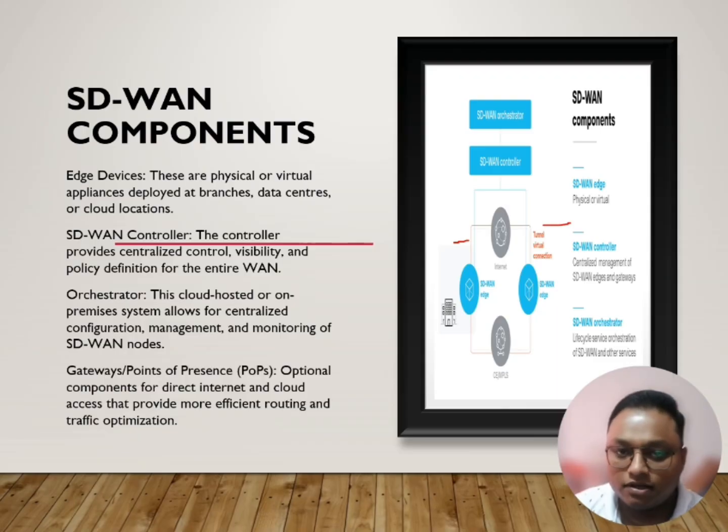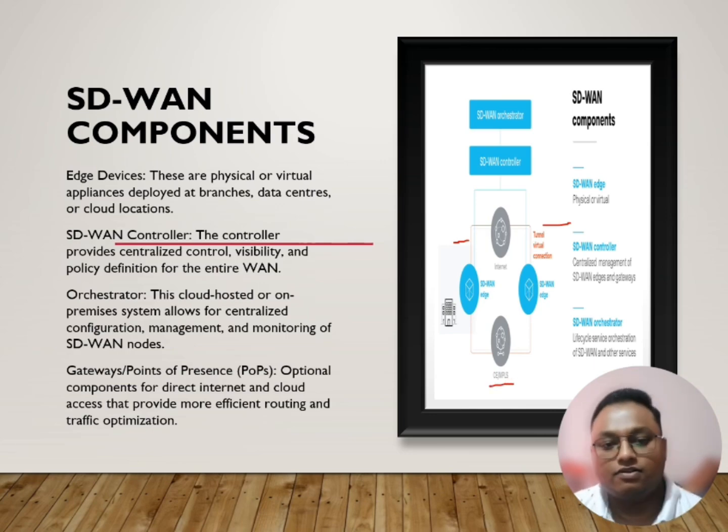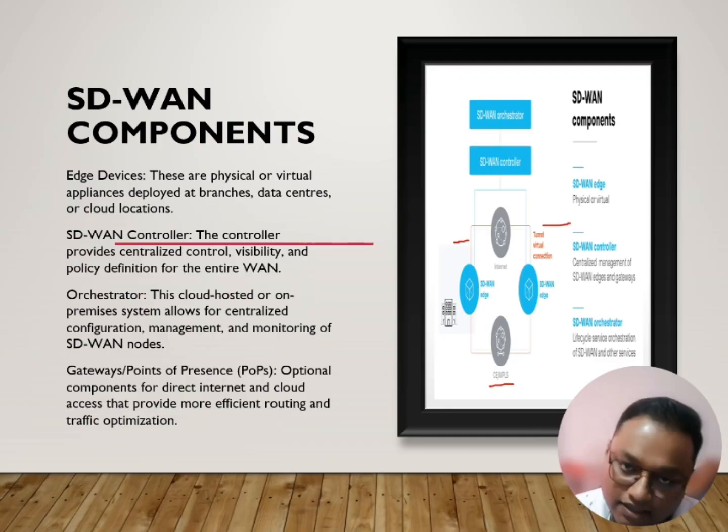It enables secure communication between sites regardless of the underlying transport network. Now the CE or the MPLS part, this one, refers to the customer edge devices or routers that connect to MPLS, and it shows that SD-WAN can integrate with existing MPLS infrastructure as well.